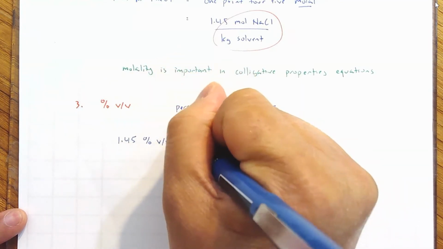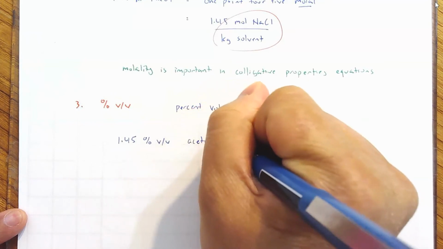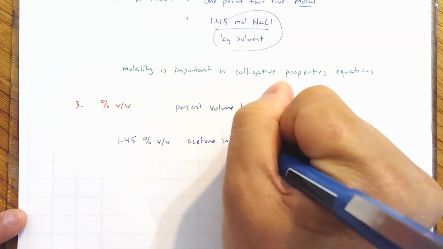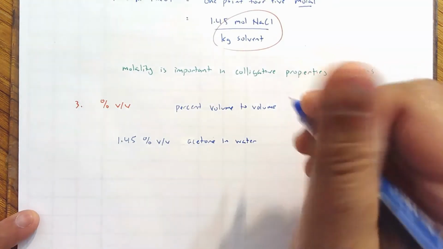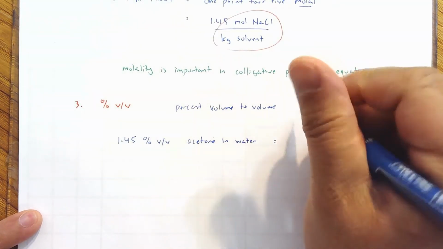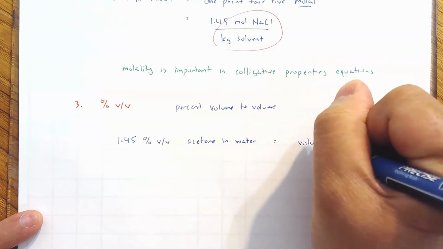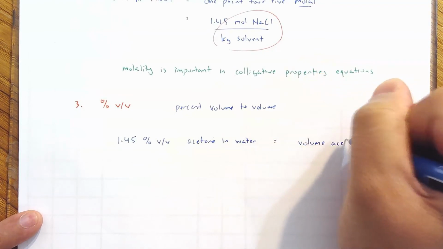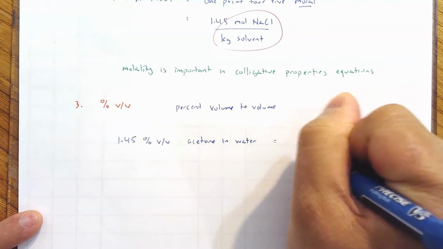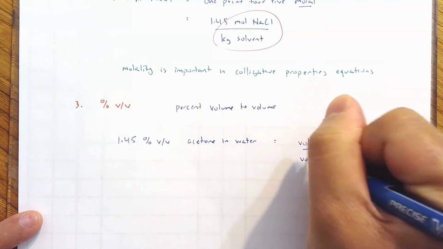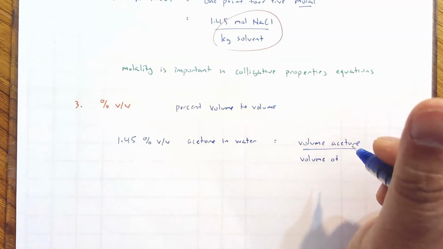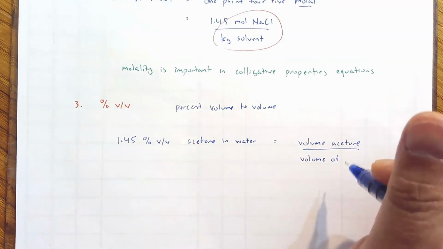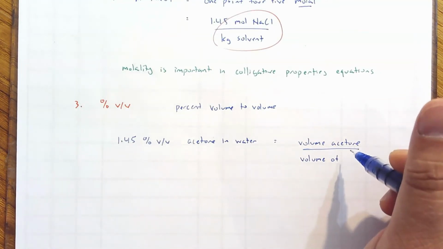acetone. Acetone's a liquid, in water. Volume to volume. So this is equal to the volume of acetone over, I'm stalling, the volume of, is it water or is it the addition of water and acetone?